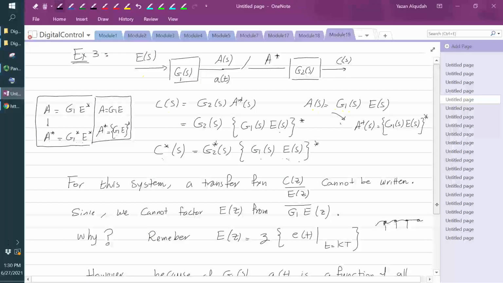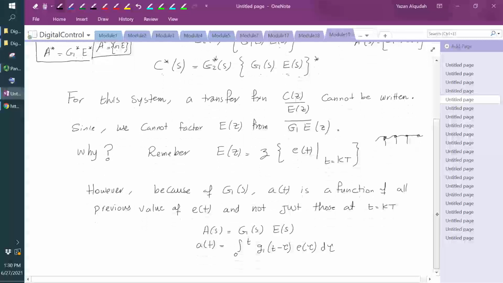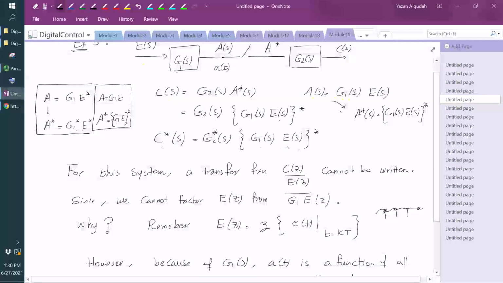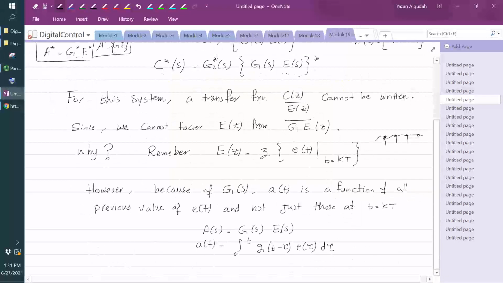What is the convolution? If I look at A of S, this signal at the output of the first block, A of S is equal to G1 of S multiplied by E of S. What is this in the time domain? A of T is going to equal the integration from 0 to T of G1 of T minus tau multiplied by E of tau d tau. What does that mean?